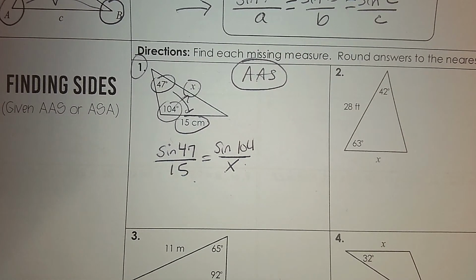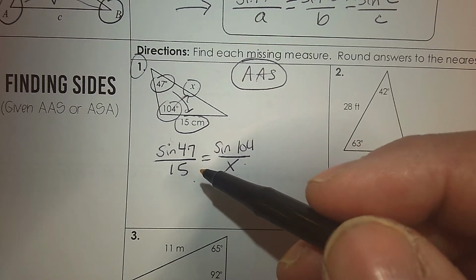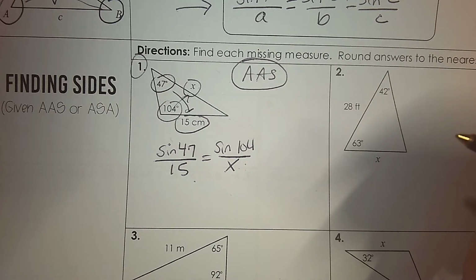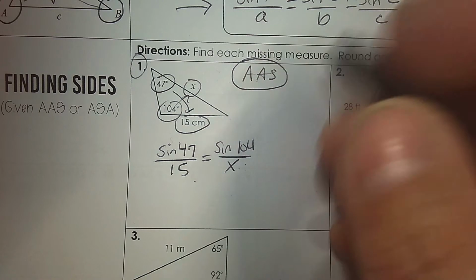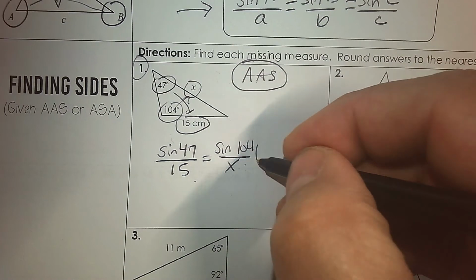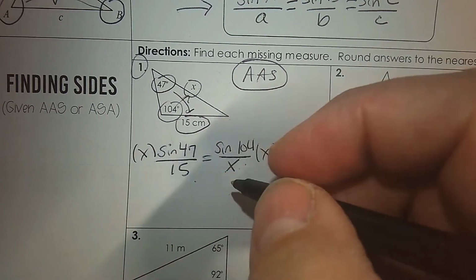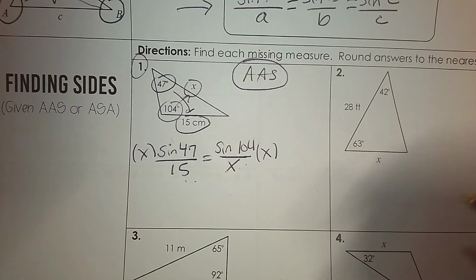Next, basic algebra. Can you get x by itself? And then we're going to use our calculator. So to get x by itself, what would you do? You'd multiply. And what would you multiply both sides by? You'd multiply both sides by x. You know what else you'd multiply both sides by? 15, right?